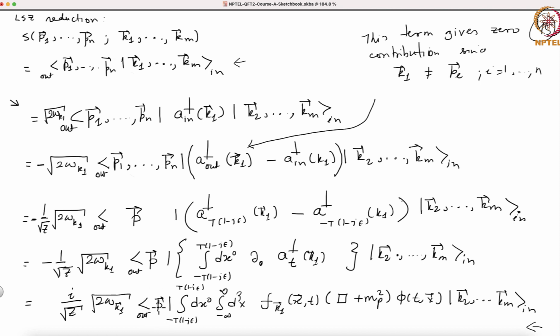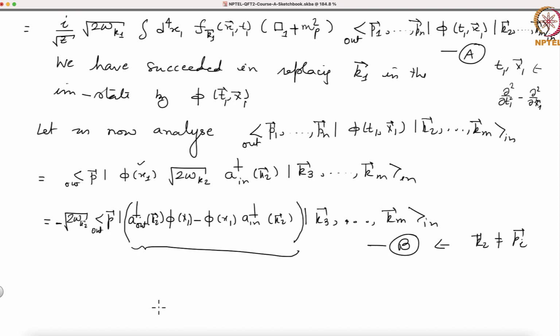I have suppressed the labels, and here, finally, I got this overall factor which I have talked about, times this integral with the function f, which we have seen several times, times this differential operator acting on this object, this matrix element of phi.